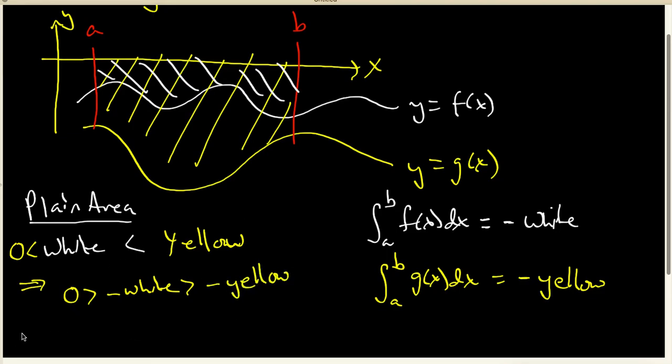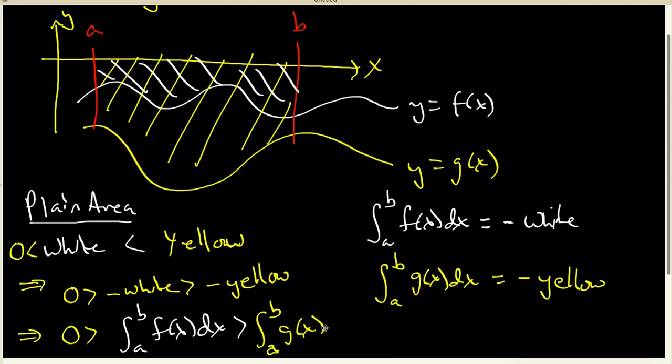And in this particular case, that says that we have 0 is going to be bigger than, well, minus the white area is the integral for f of x. So we get the integral from a to b of f of x dx. And that's going to be bigger than minus the yellow area, and minus the yellow area is the integral between a and b of g of x dx.